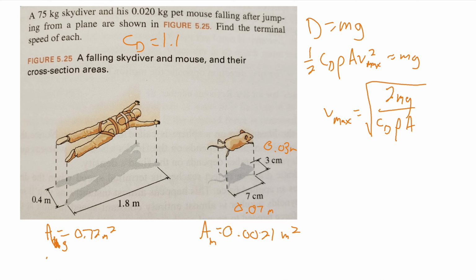And then mass sub skydiver was 75 kilograms, and mass sub mouse was 0.020 kilograms. Okay, and now all we need is the density of air. So we need to find rho.